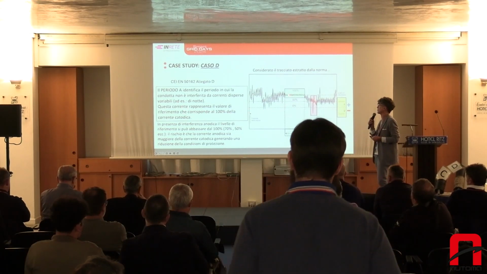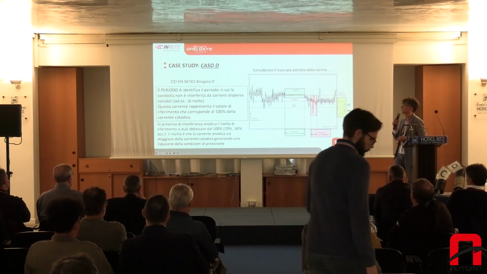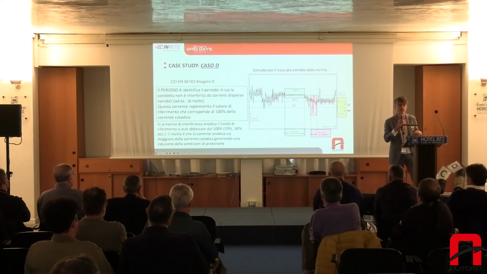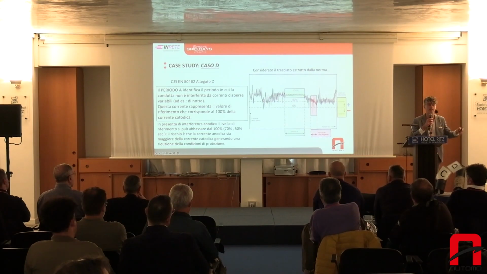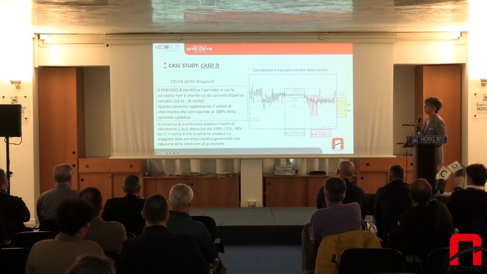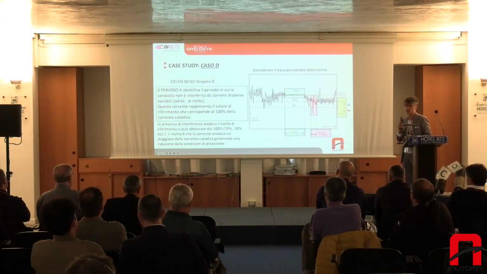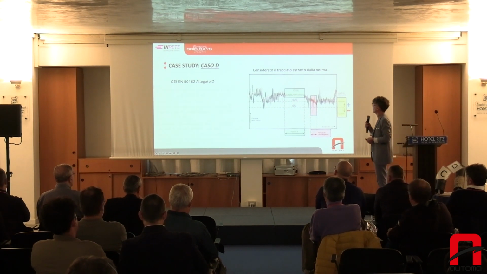So what they're telling me is that when there is no interference, generally your reference value is 100% of cathodic current. We can reduce this figure with anodic interference. But when the anodic is higher than the cathodic, there is corrosion.